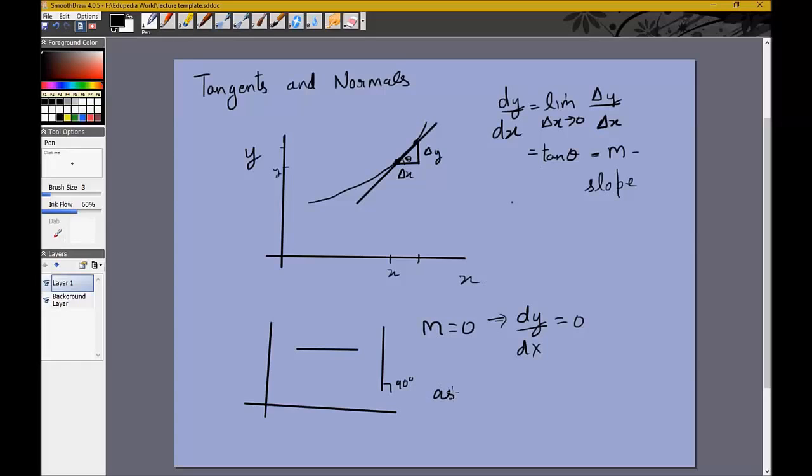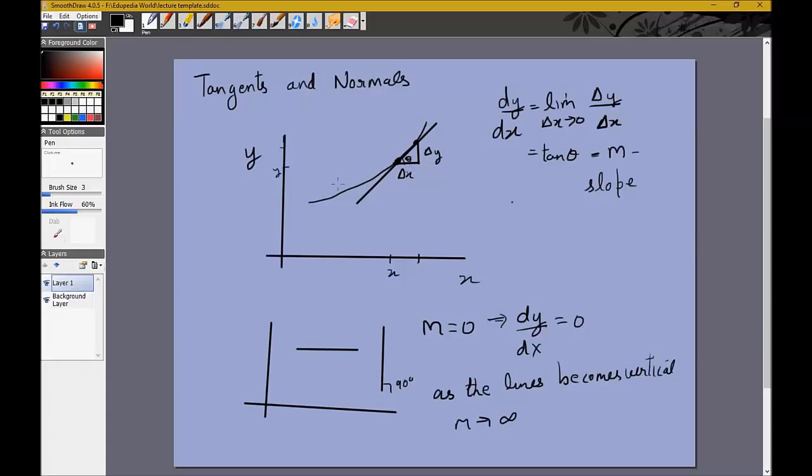So, as the line becomes vertical, m goes to infinity. At 90 degrees, m will be infinity, but in mathematics, we do not like to say the value of something is infinity, so we say that it goes to infinity. Right. So this is a very simple way of calculating the slope of the curve at a particular point.